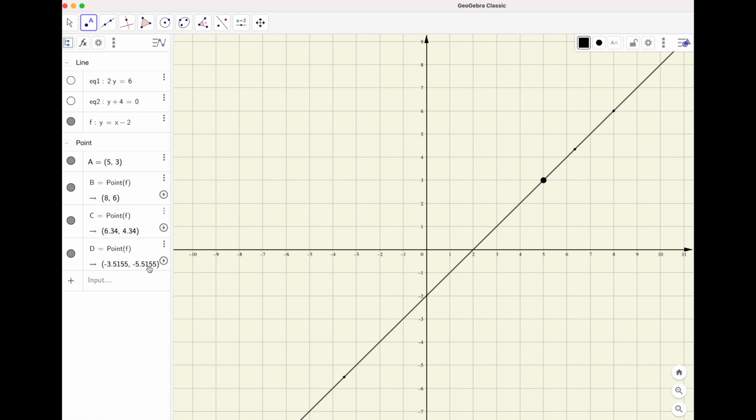Okay? And the other way around, if you choose any random point, so for example, don't look at this line now. If I choose a point whose y coordinate is x coordinate minus 2, for example, let me choose a point here.